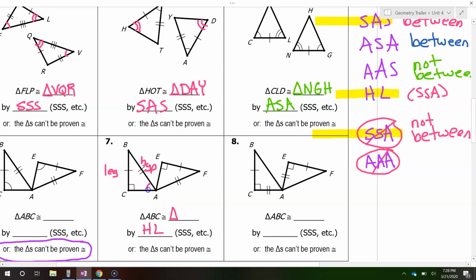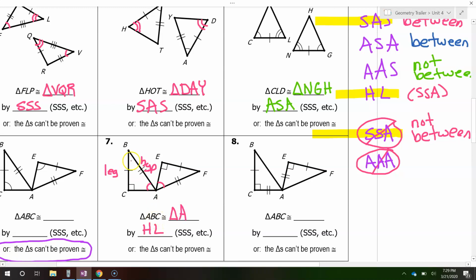Angle A for the first triangle is touching only the single mark. It's between the blank side and the double mark. Here's the blank side, here's the double. So it actually is going to be angle A for both triangles.